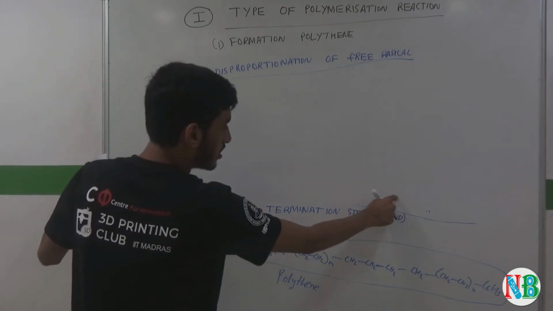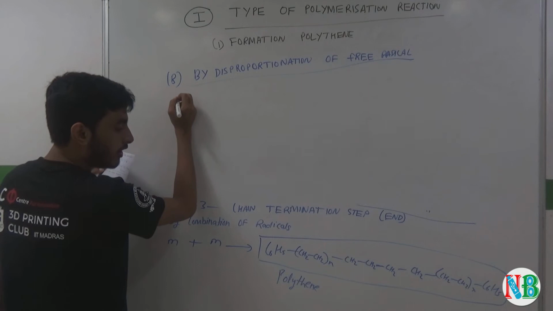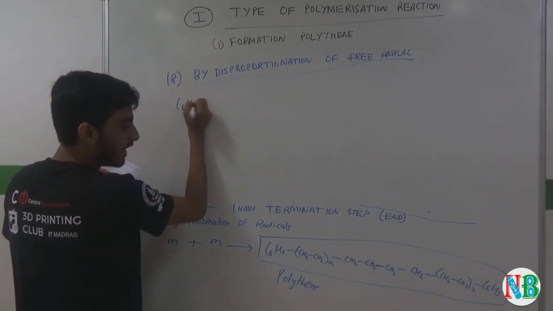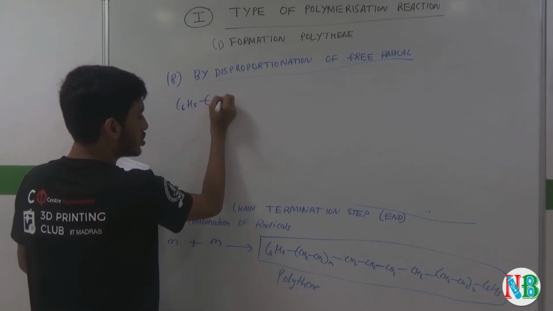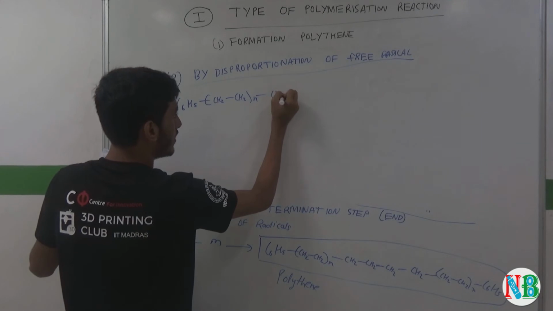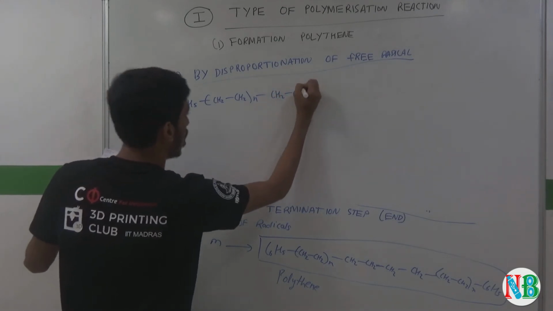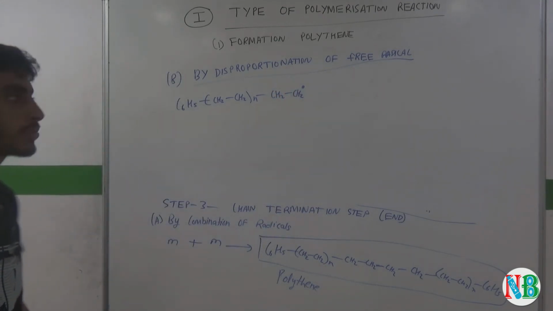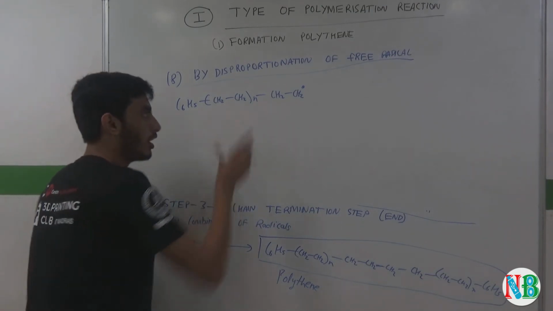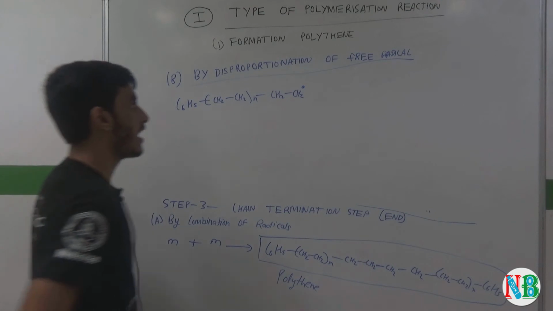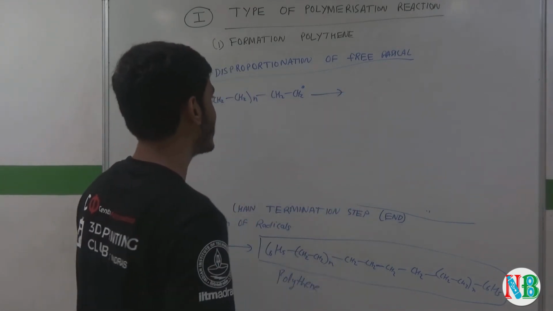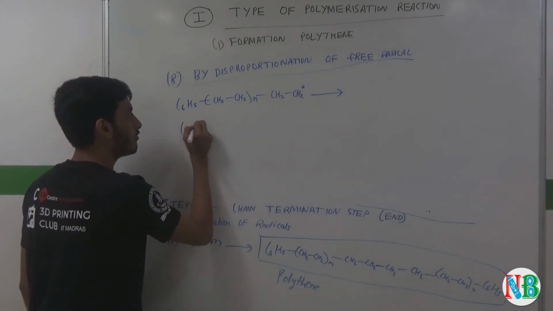So in the first reaction over here we formed M, and the M looked like this, C6H5 CH2 n CH2 dot. Okay, so you have to take two of these molecules, and suppose I will take one more molecule.